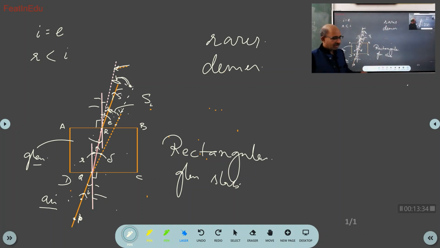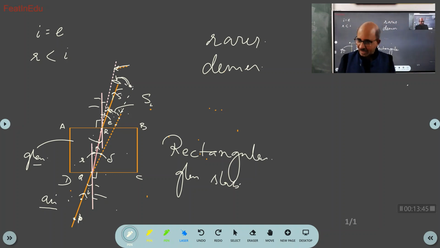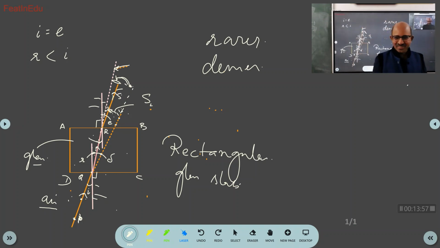Frankly speaking, when you go to higher classes, you will conduct this experiment with different types of optical medium. Water is also an optical medium. Glass is also an optical medium. Oil is also an optical medium. Wherever light can enter, it becomes optical.